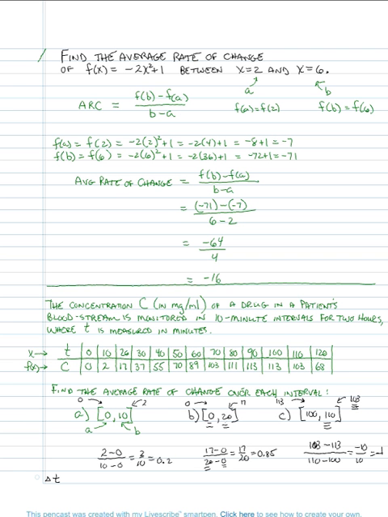Another thing we need to keep in mind is that the average rate of change is the change in C divided by the change in T. And sometimes we call that delta C, for change in.